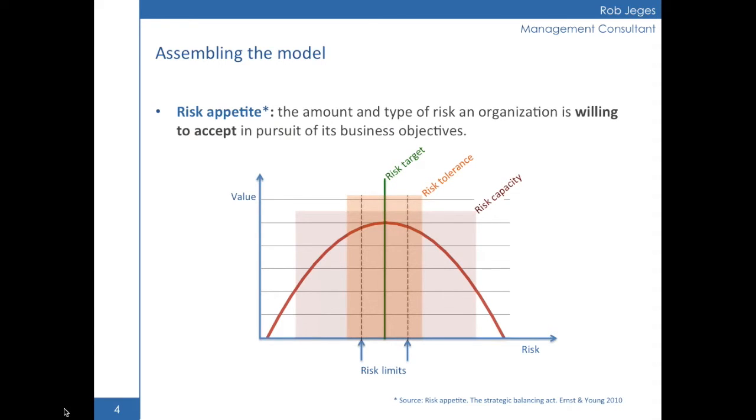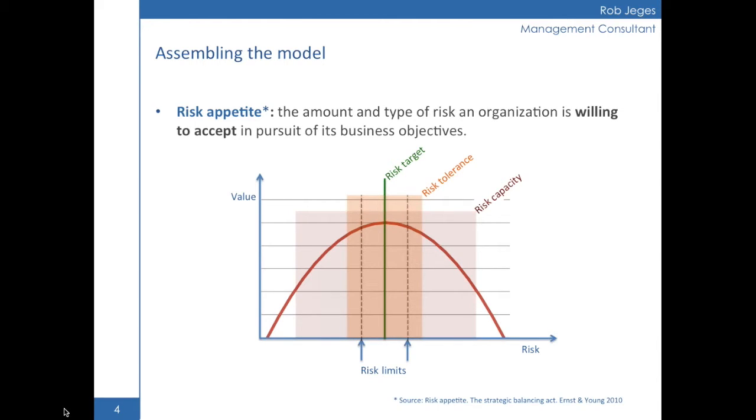What is interesting of this is that risk capacity is not just a number, it is a band. It is a range of values that defines risk. The same for risk tolerance, and that is, if we recall the definition, how much the organization is willing to risk.